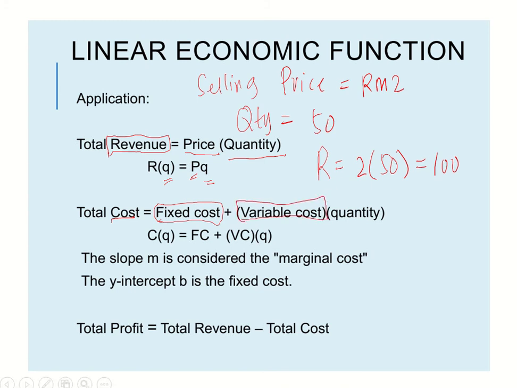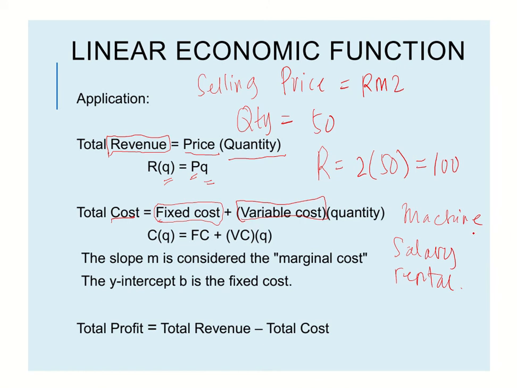Now, for example, you are selling bubble tea, one of the famous drinks. To sell bubble tea, you need, for example, a machine to make the bubble tea, and you need to pay salary for your workers, and some other things like rental.